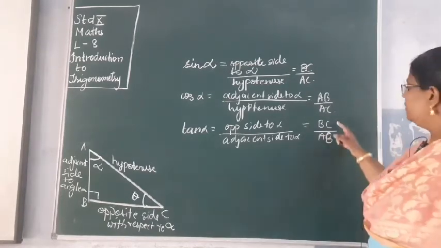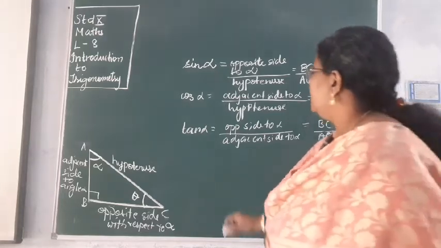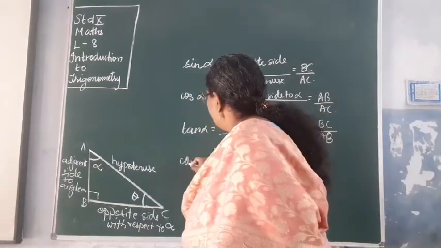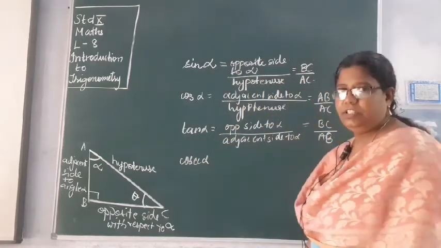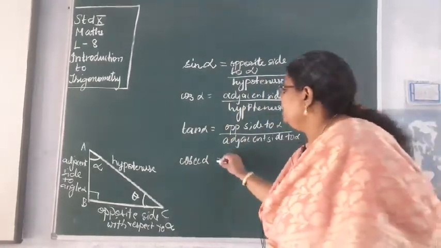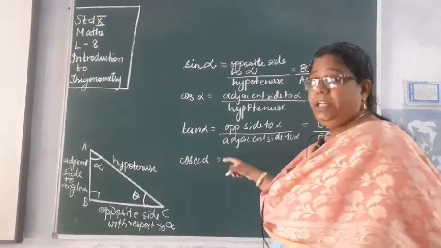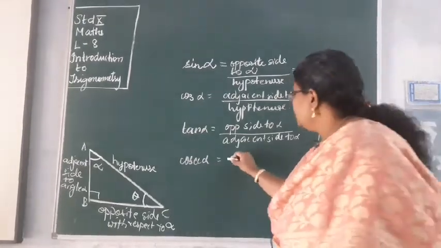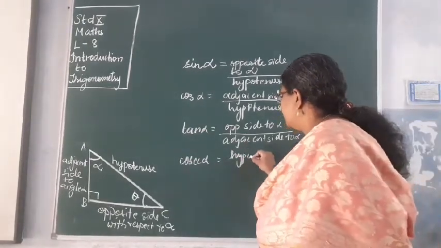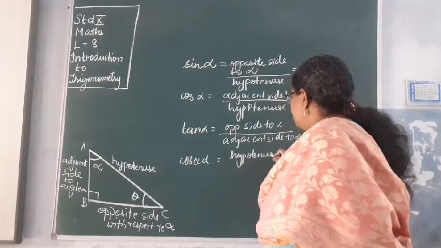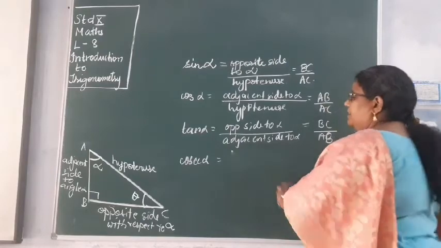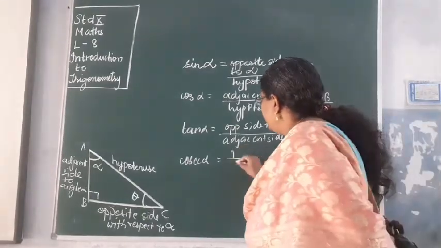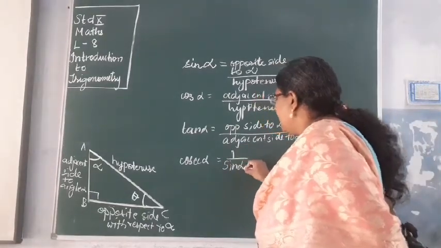So you have BC by AB. Now cosec alpha, not theta, cosec alpha is the inverse of sine. That means it will be hypotenuse, or one more step you can write, that is 1 by sine alpha.